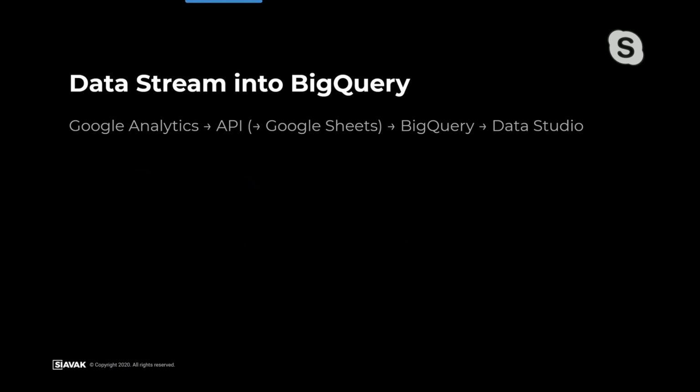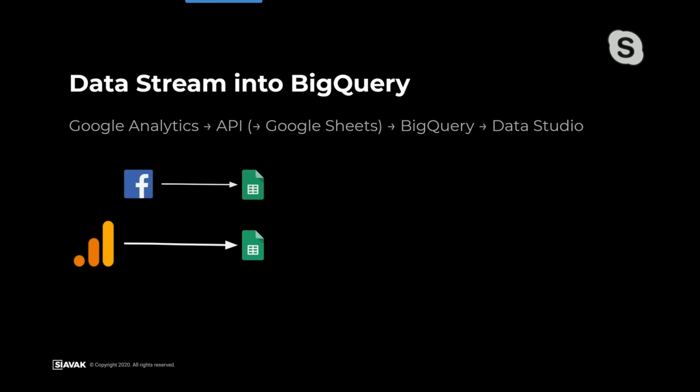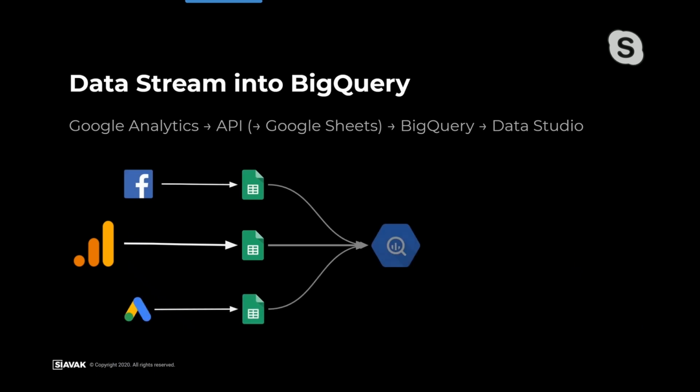Now, the final stage, which we are at right now, gives us the most flexibility and the most power, and it's far easier than manual export. We again started to bring data to Sheet first, but then we used Google Apps Script to send data from Google Sheets into BigQuery for transformation.